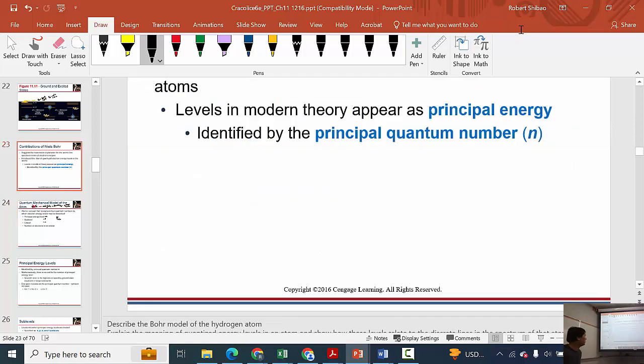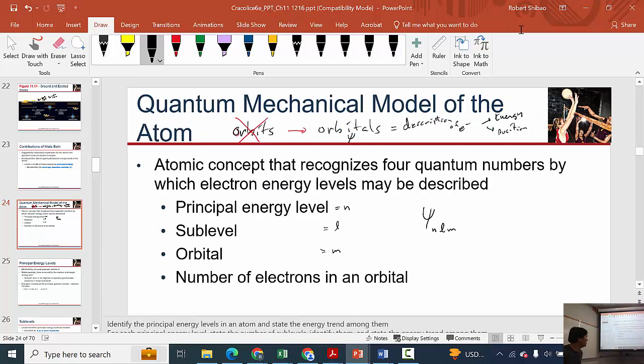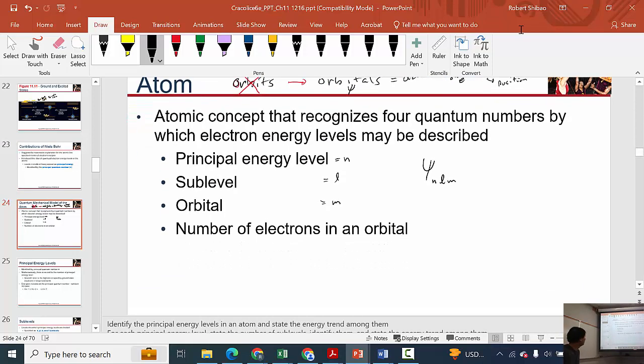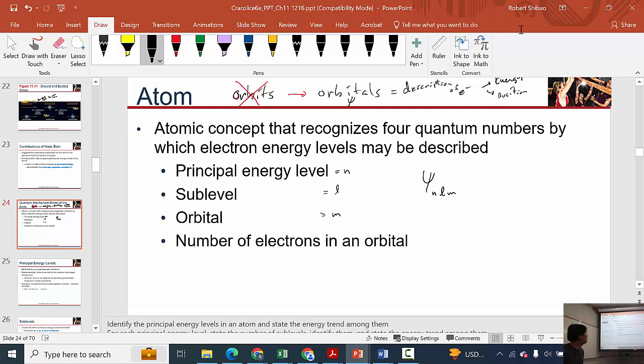These orbitals come from some modifications that they did. I'm going to do a little bit more about quantum mechanics here. When we went from the Bohr model to the quantum mechanical model, we added 2 important things.